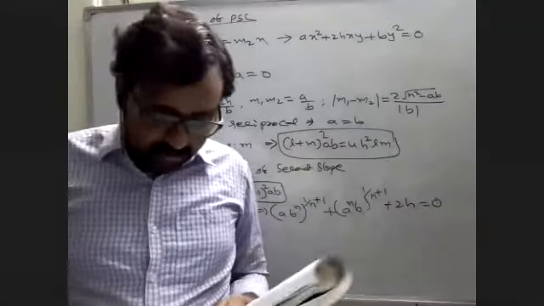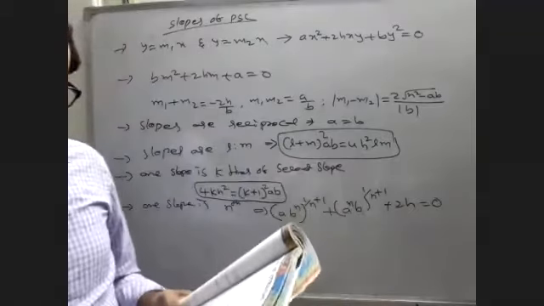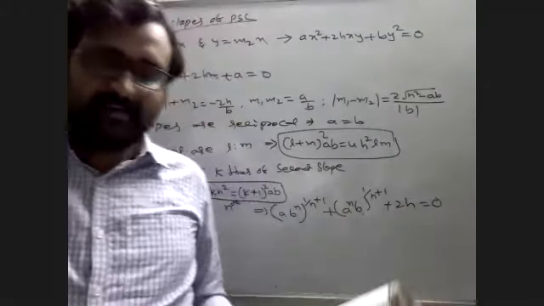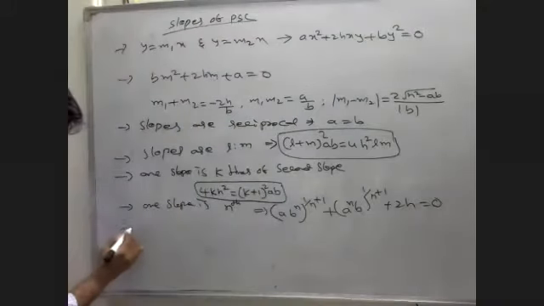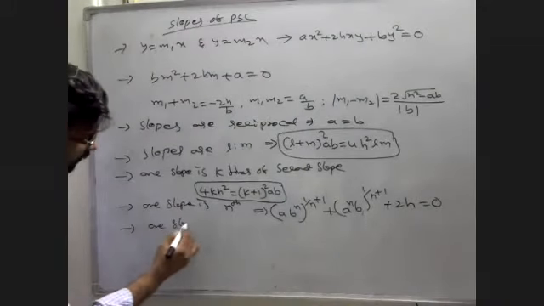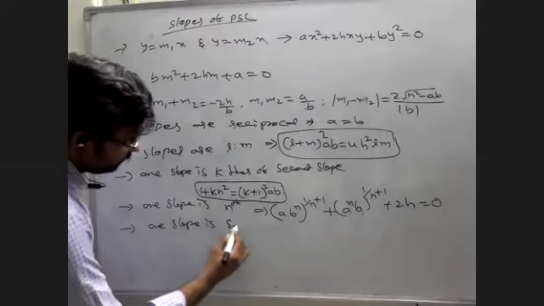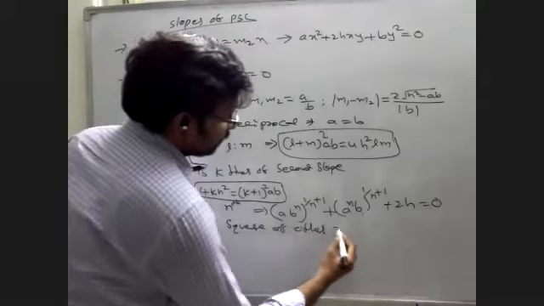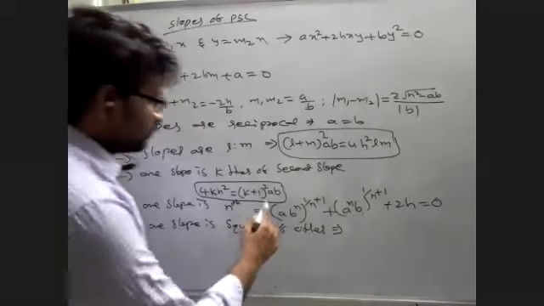And now last, if the slope of one line of a pair of lines is the square of the slope of the other line, one slope is the square of the other slope, then what is the condition?